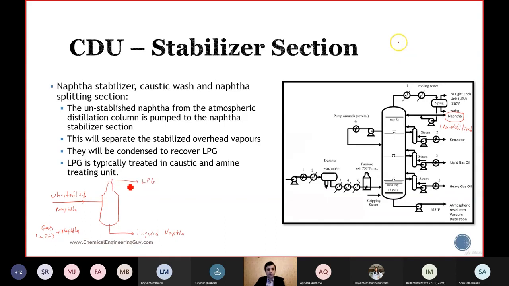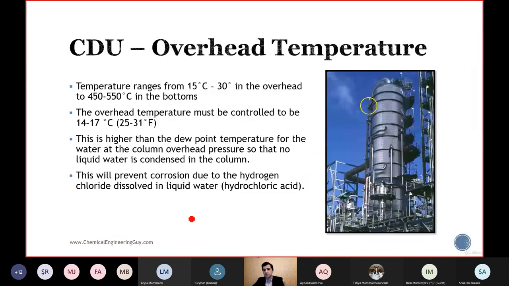Of course, we have a reflux drum here. I didn't draw it. We have a reboiler, like a typical distillation column. So we assume this is the stabilizing section.